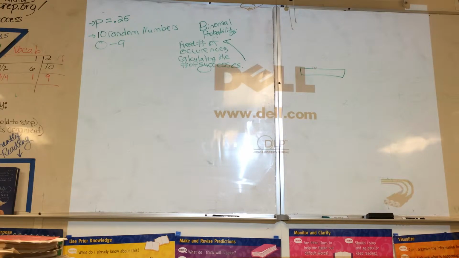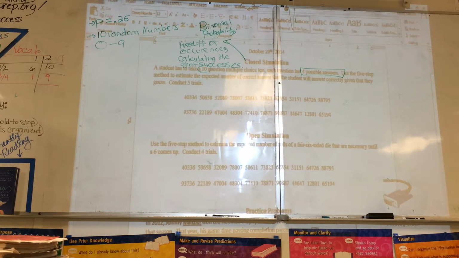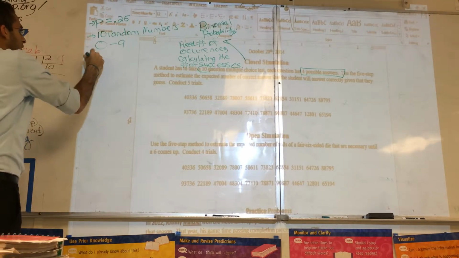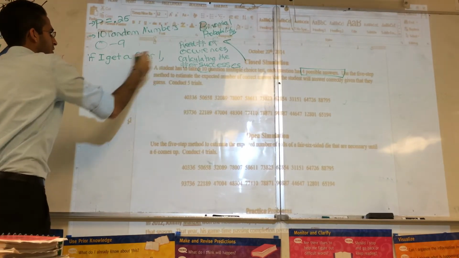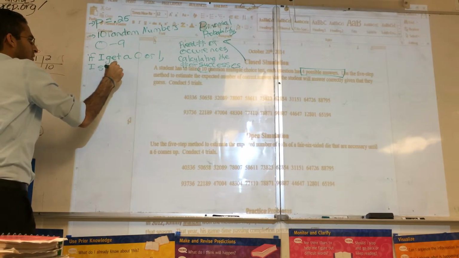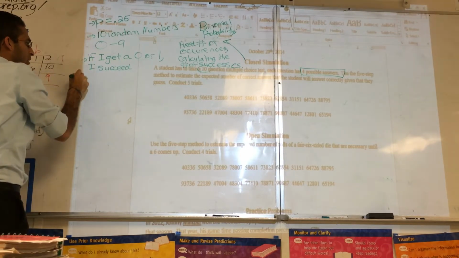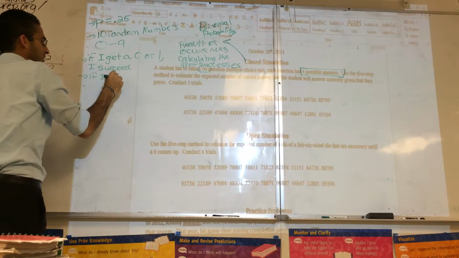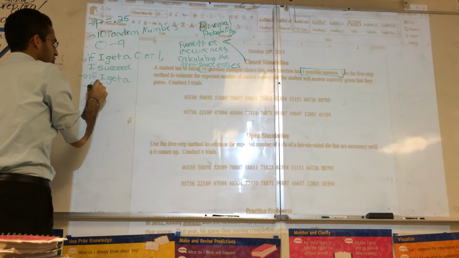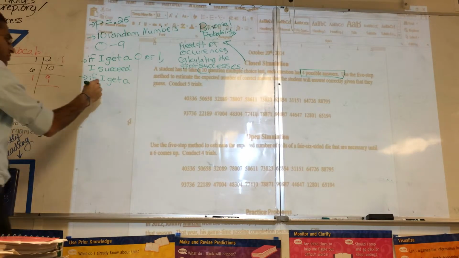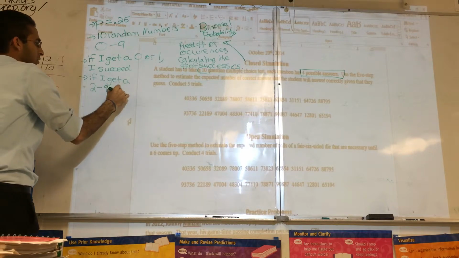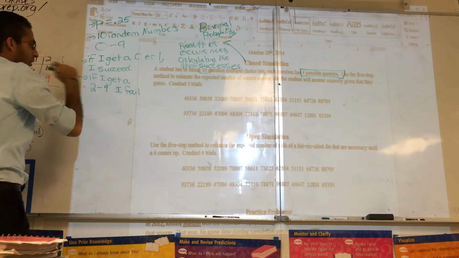If the probability of success is 0.25, I could say, if I get a 0 or a 1, I succeed. And if I get a 2, 3, 4, 5, 6, 7, 8, or 9, if I get a 2 through 9, I fail.